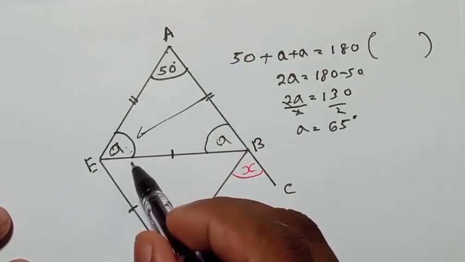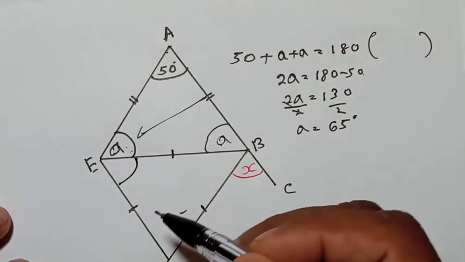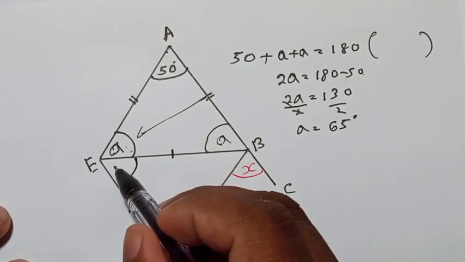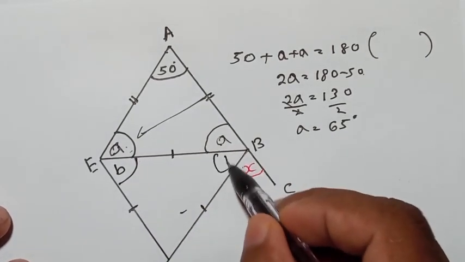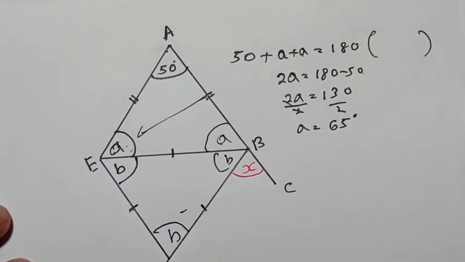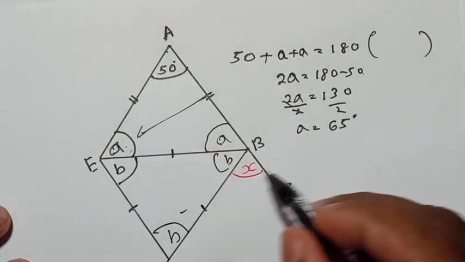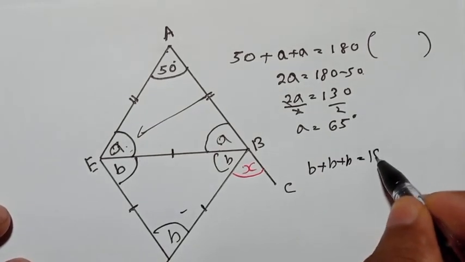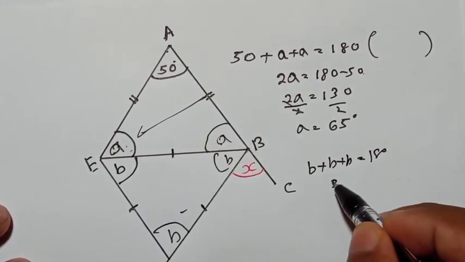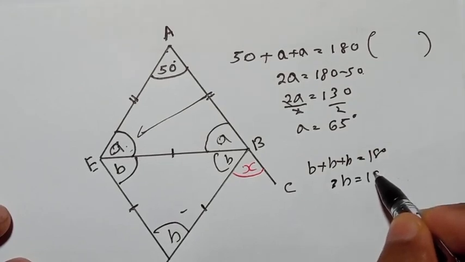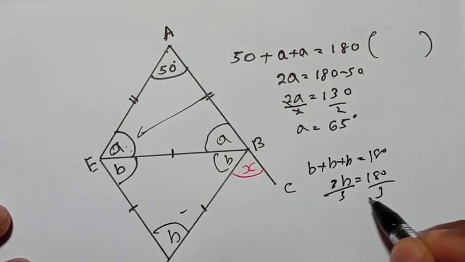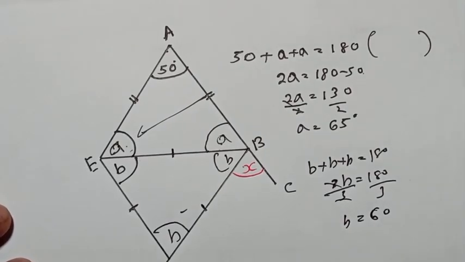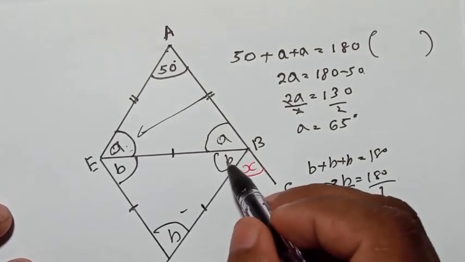If I put B here, here also B, here also B, then to find the value of B: B plus B plus B equals 180. You don't need to show these steps, but 180 divided by 3, so this B will be 60.